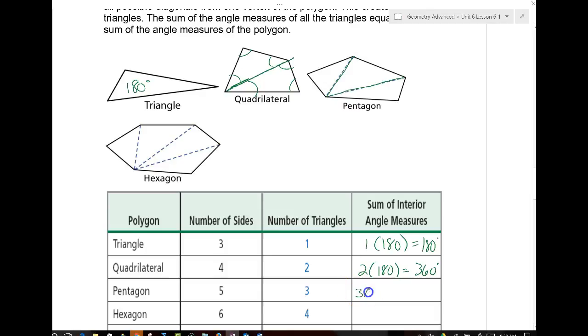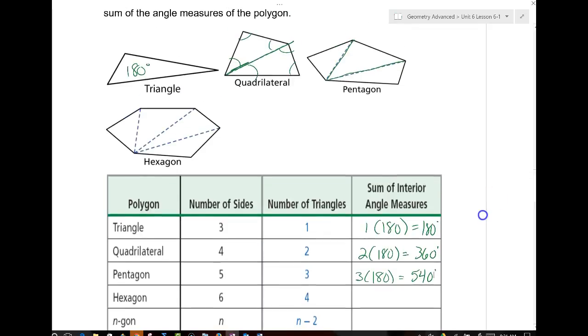What's 3 times 180? If you do that in your head, I'm so proud. Yep, 540, right on. So 540 degrees. Guess what? You have no excuse for not knowing the sum of the angles of a pentagon now. 540. All right, a hexagon. How many triangles am I going to draw with a hexagon? 1, 2, 3, 4? So 4 times 180, isn't that 720? All right, do you think there's a pattern here?